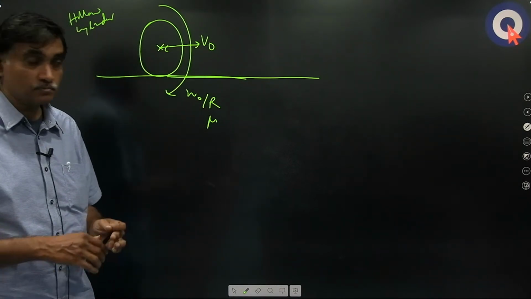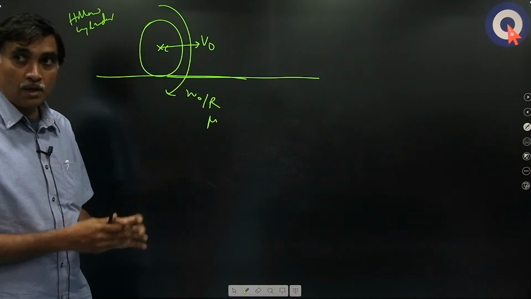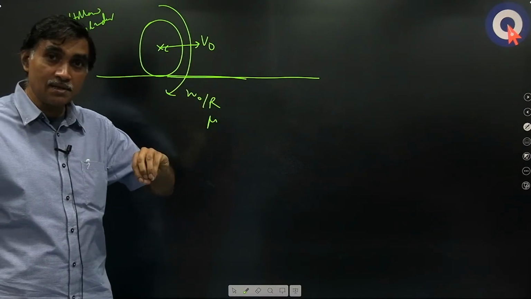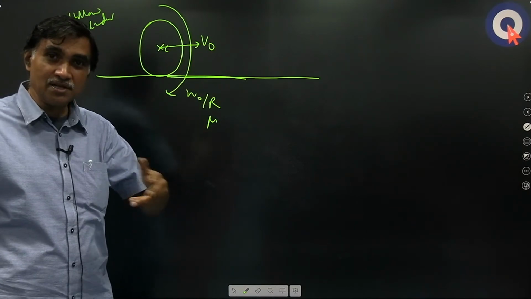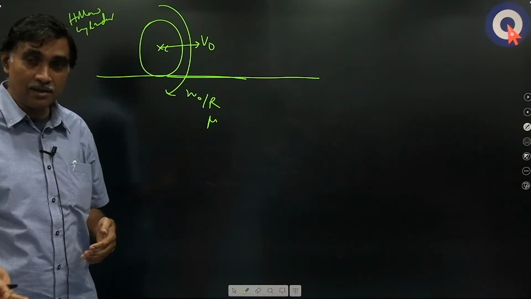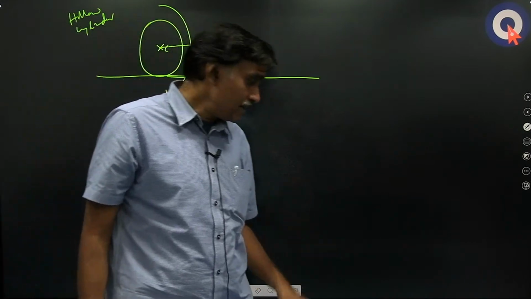So if velocity is greater than R omega, kinetic friction acts to decrease velocity and increase R omega, so finally it starts rolling. If R omega is greater than V, kinetic friction acts to decrease R omega and increase velocity, so that it again rolls.